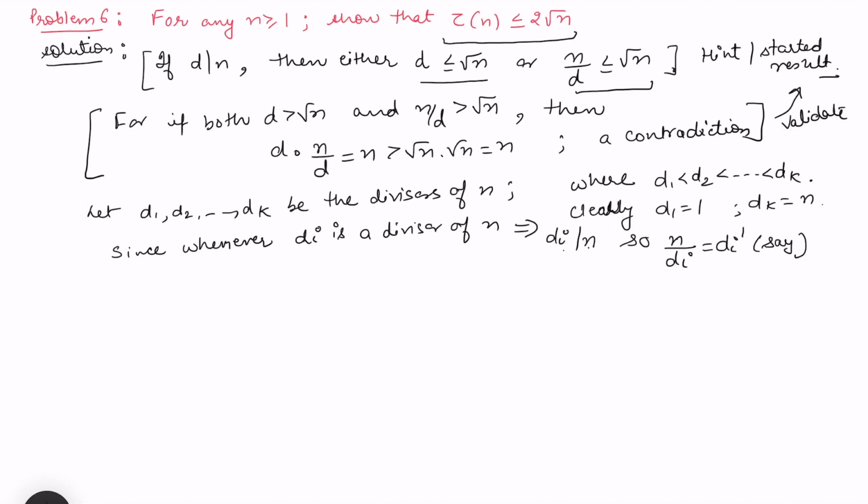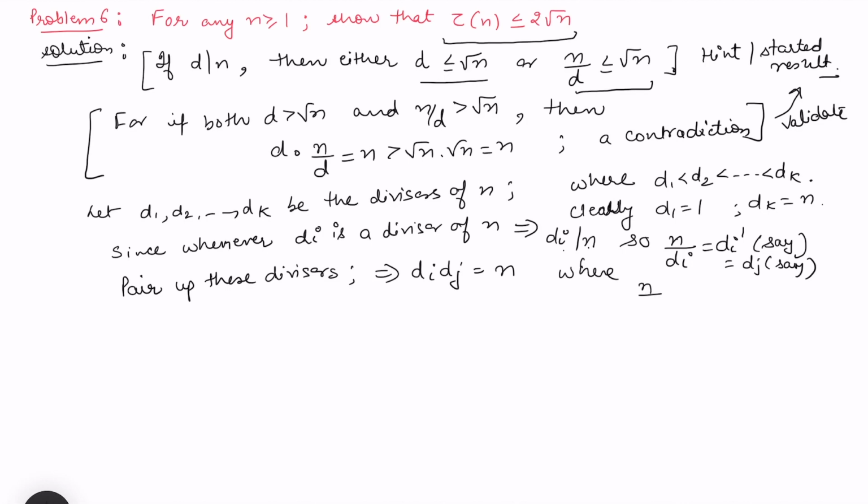Now pair up these divisors. You select a divisor d and then we take n by d, that will give me another divisor, d dash. So we want to pair up these divisors. So we have di, and the other divisor, which here I have written as di dash, or maybe I can call this dj, so di times dj is equal to n, where I have considered n by di is equal to dj.